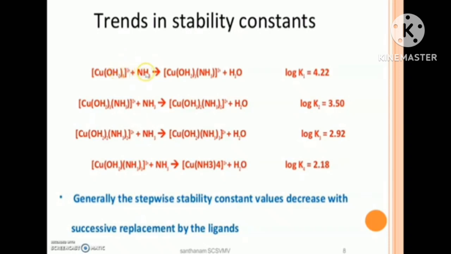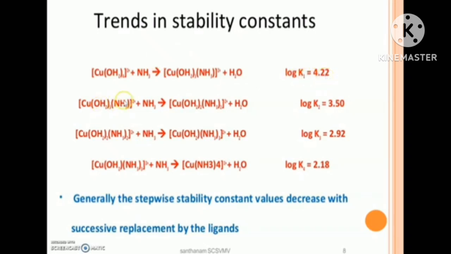In the first step, one NH3 molecule replaces one H2O molecule, forming [Cu(H2O)3NH3]2+. Here one water molecule is eliminated and a new complex is formed, and in the first step, the stability constant is expressed as K1, log K1 is equal to 4.22.